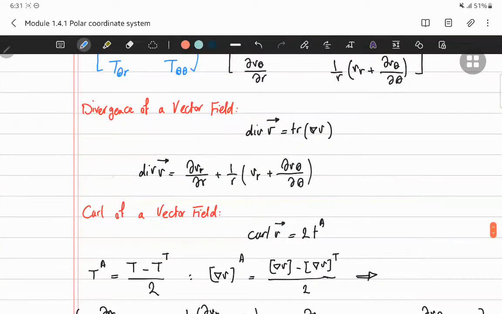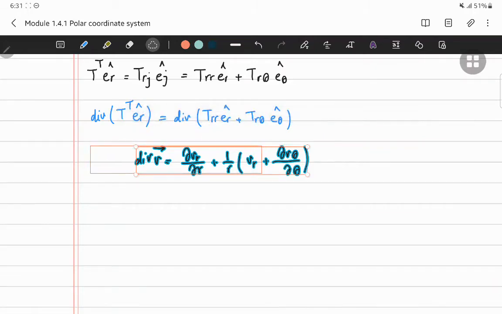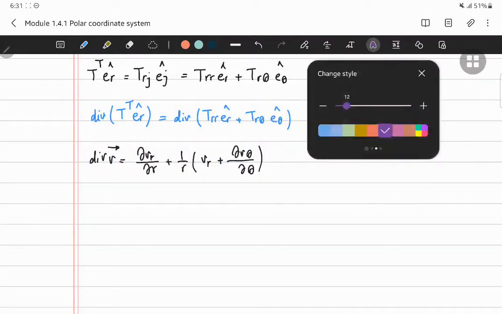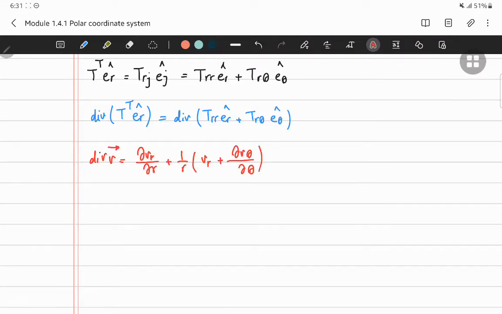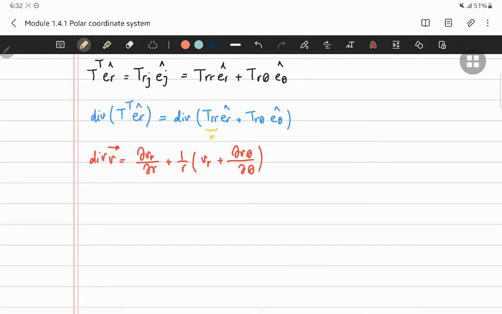So it is the divergence of a vector. If I just copy this, and say that this is maybe red, based on this definition, this is V_r, and this is V_θ.